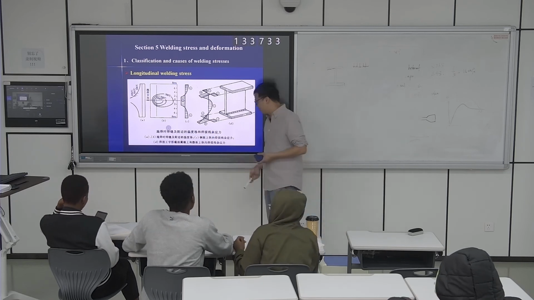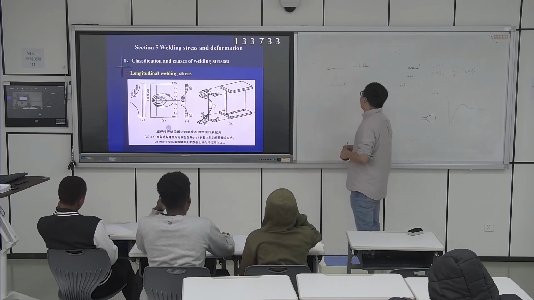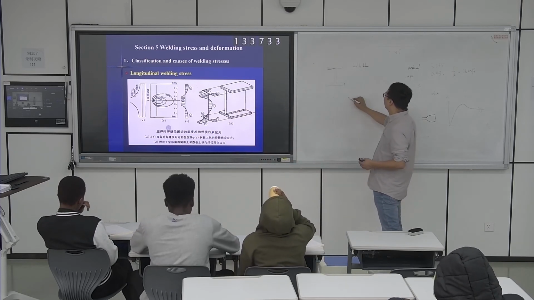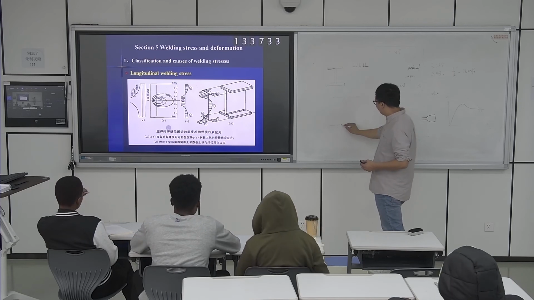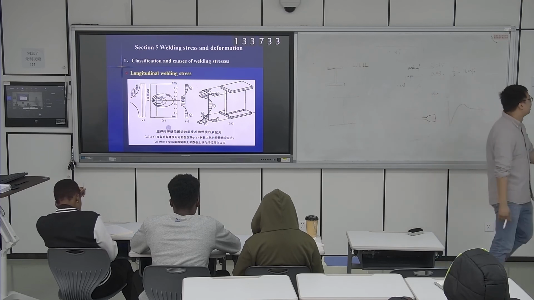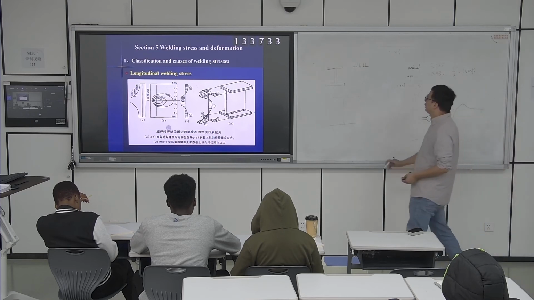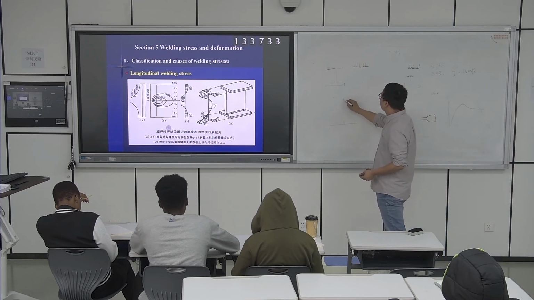Okay, again. Here, now you have 3 plates, right? We want to make these 3 plates into a column, like this one. We use 3 plates and we weld this one.